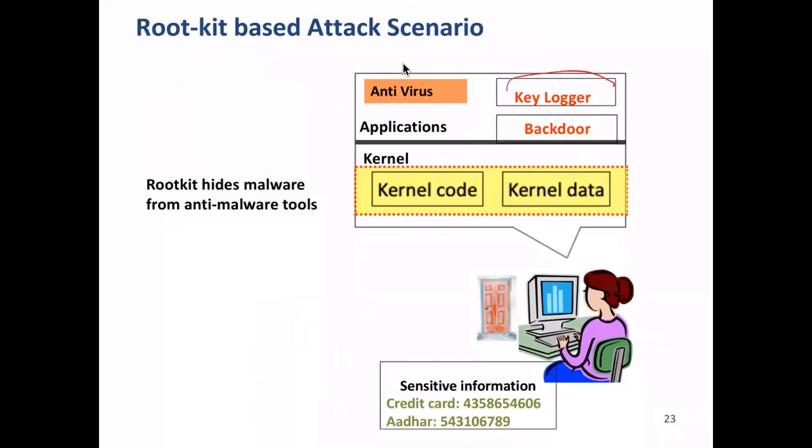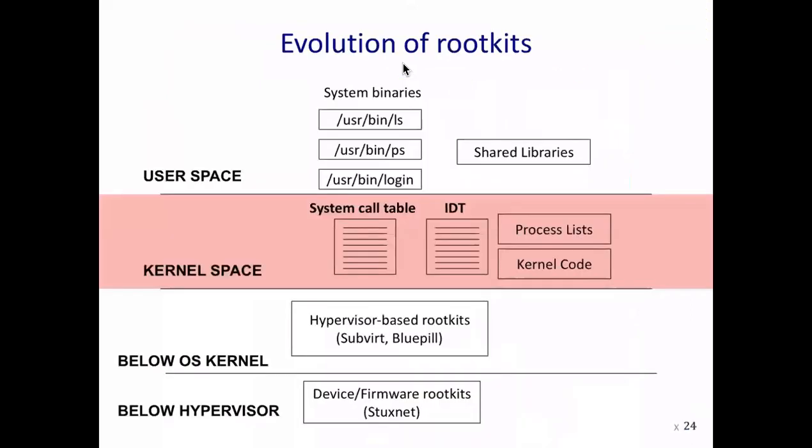Once there is a keylogger installed, it will collect whatever is being typed, like credit card information or Aadhaar card information, etc., and then can send it to some external entity, an external master.